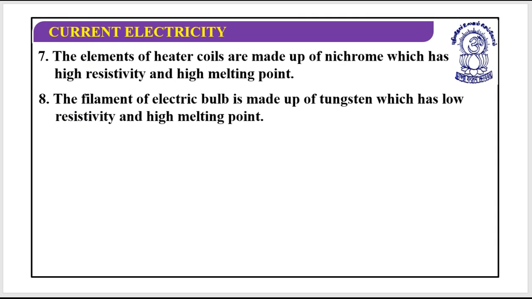One more, the elements of heater coils are made up of nichrome wires, and nichrome has a high resistivity and high melting point. I hope you understand what heater coils are all about. They are used in different places. In earlier times, and even now in certain parts of the country, people use a water heater. It's a kind of coil used to boil the water.